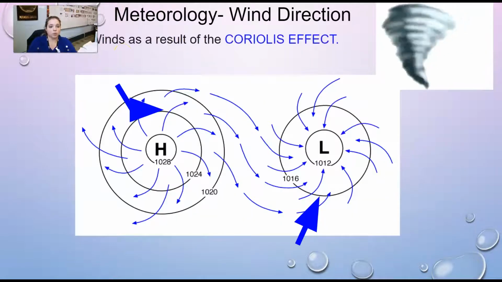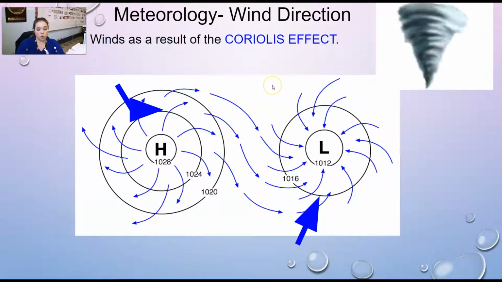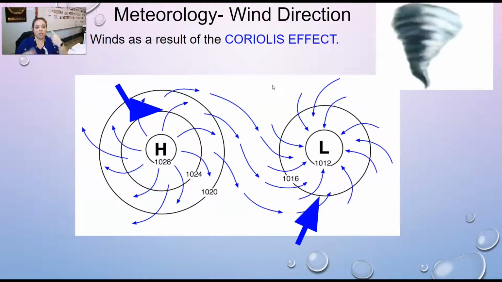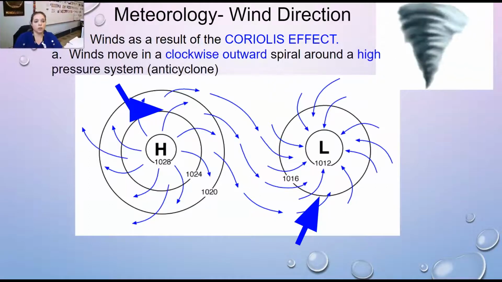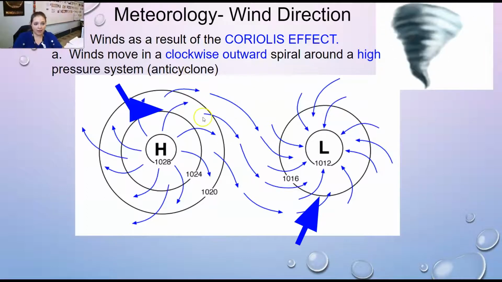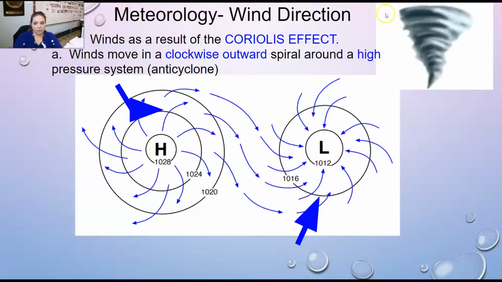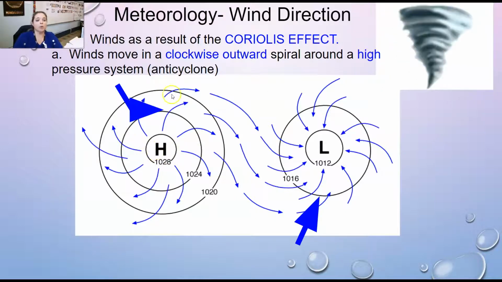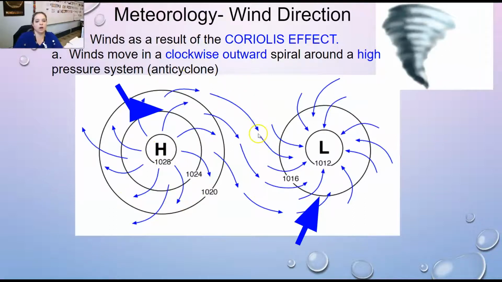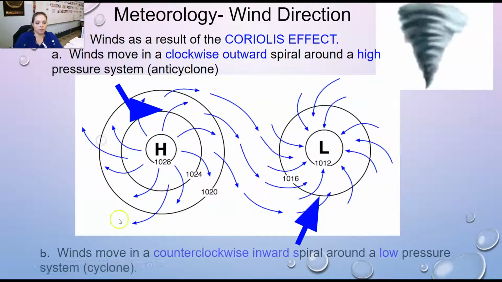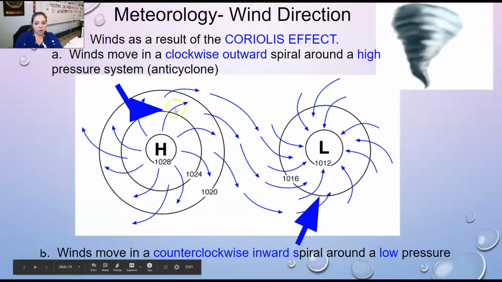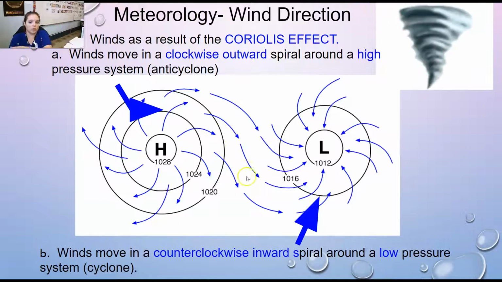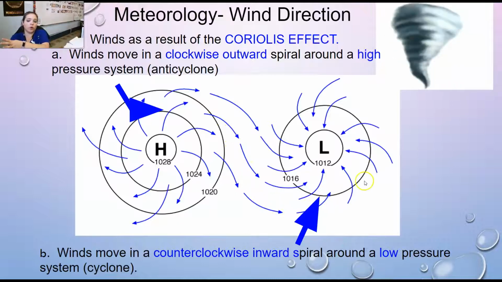Okay, so wind is a result of the Coriolis effect. You have that spinning going on, all right? So winds move in a clockwise outer spiral around a high, an anticyclone. It goes out and around, and then because highs go to lows, it is going to curve around.